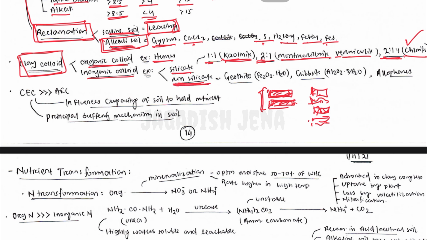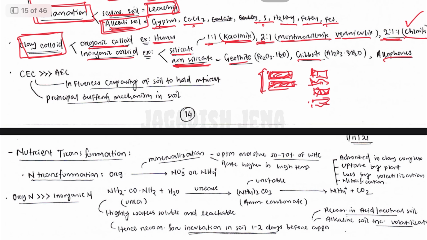Non-silicate clay mineral examples are goethite, that is Fe2O3.H2O, and gibbsite, that is Al2O3.3H2O. These are non-silicate clay minerals. In soil, the cation exchange capacity has a more significant role than the anion exchange capacity, because in soil mostly cations play the significant role.